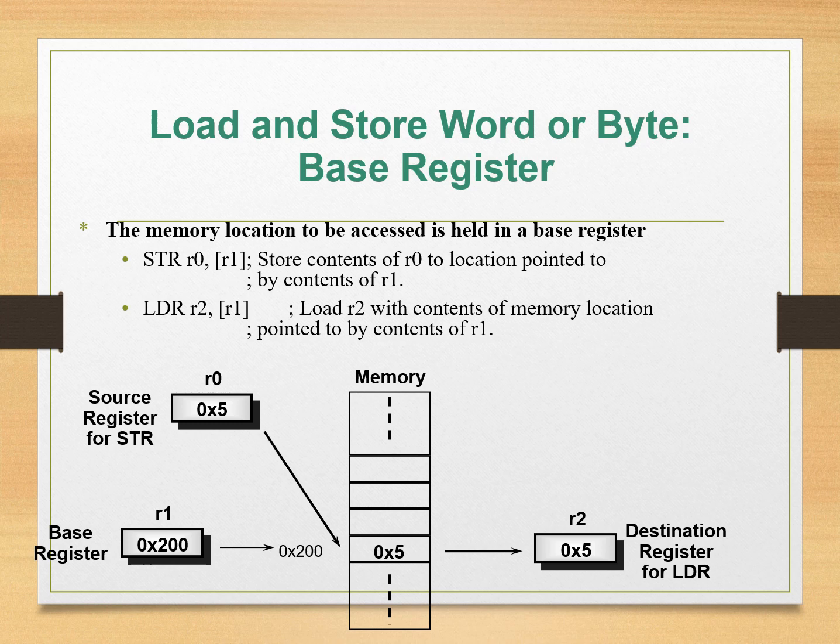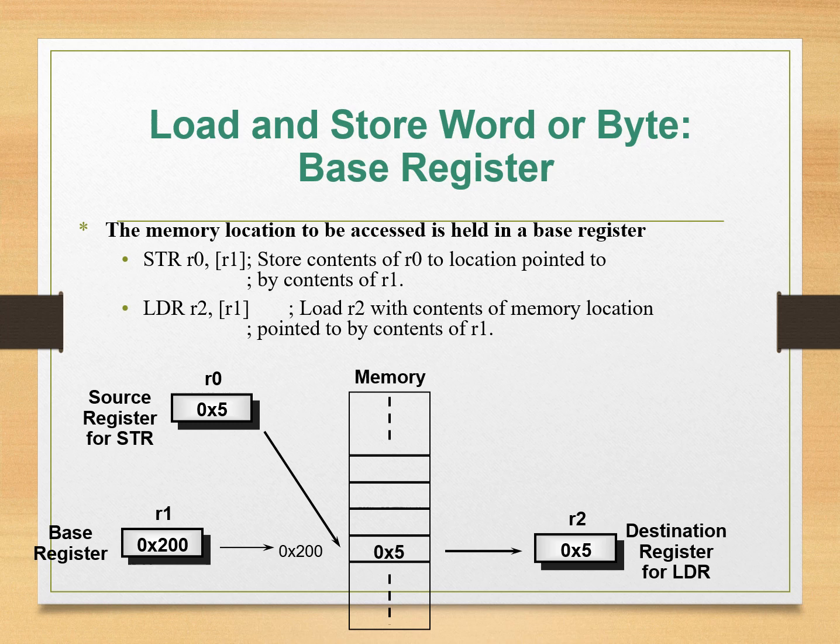And then for load, we have LDR R2, [R1]. In this example, load R2 with whatever content is pointed to by R1. So in load, we look at R1, what is the content of R1? That content is actually the address. Go to that address and whatever value is in the memory of that address, you go and put into R2.